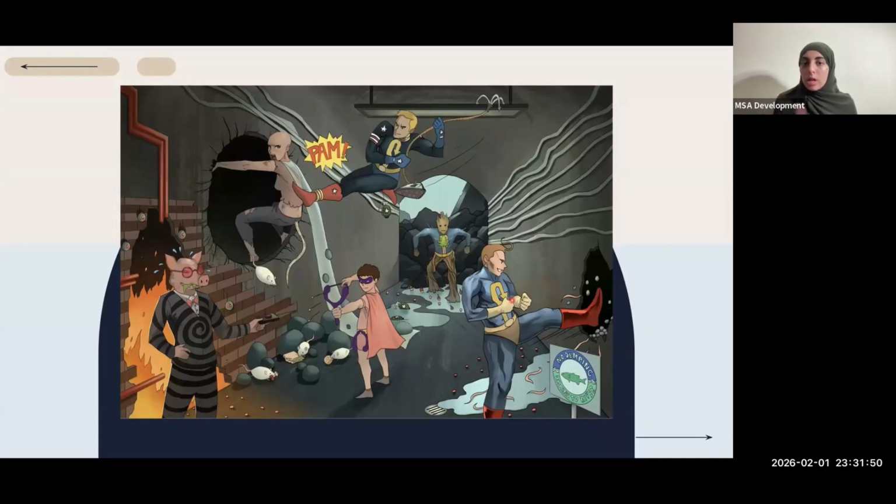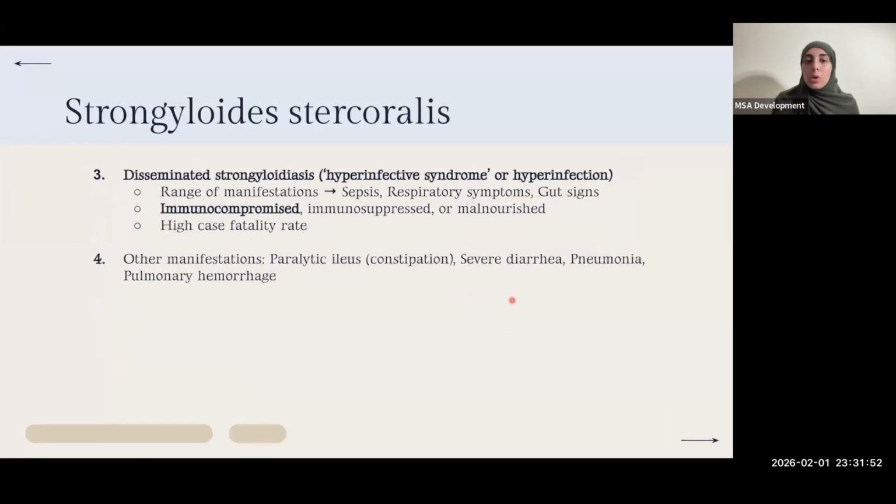So throughout its journey, it went to the lungs, right? So the third presentation is a disseminated infection, and this is also called hyperinfective syndrome.